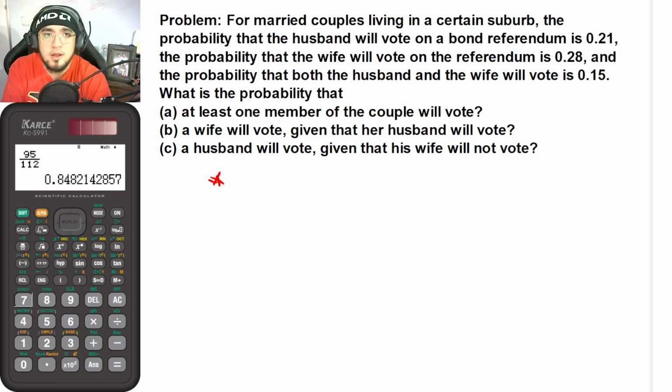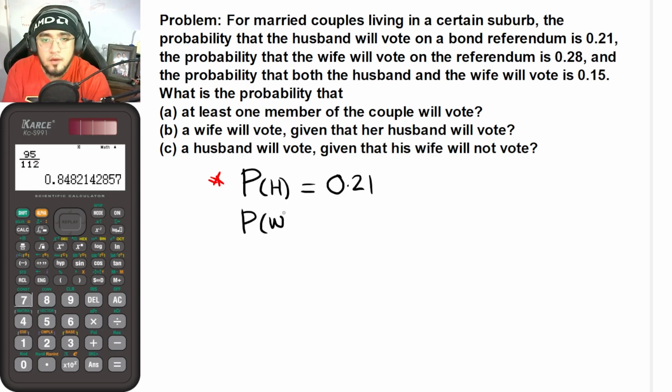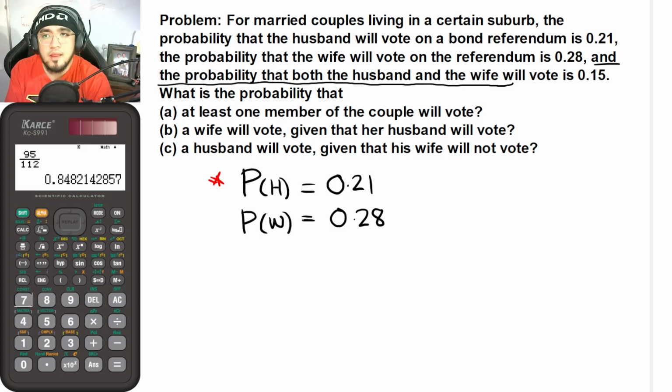No? So anyway, we are only concerned with the probability here. So for the first one, the probability that the husband will vote is equal to 0.21. Okay? The probability that the wife will vote is equal to 0.28. And the probability that both the husband and the wife will vote is 0.15.